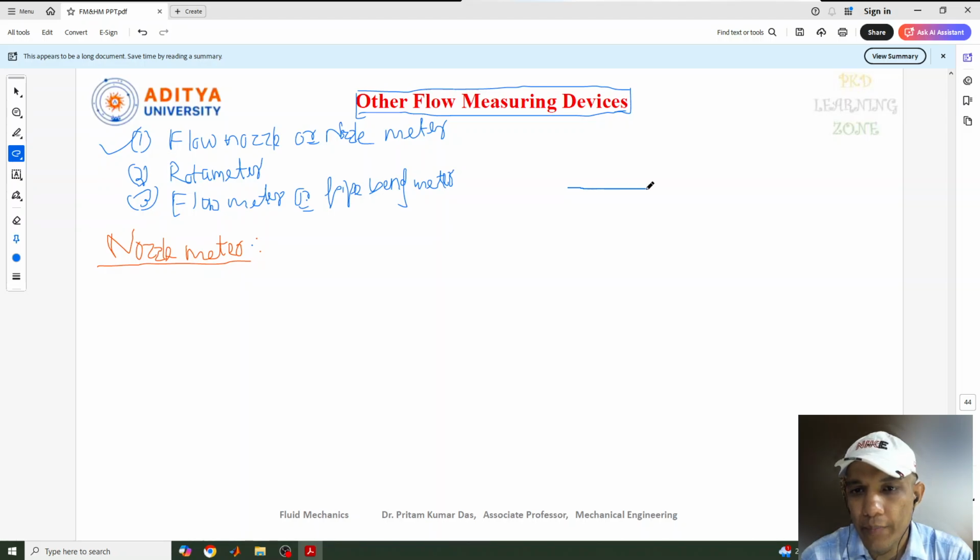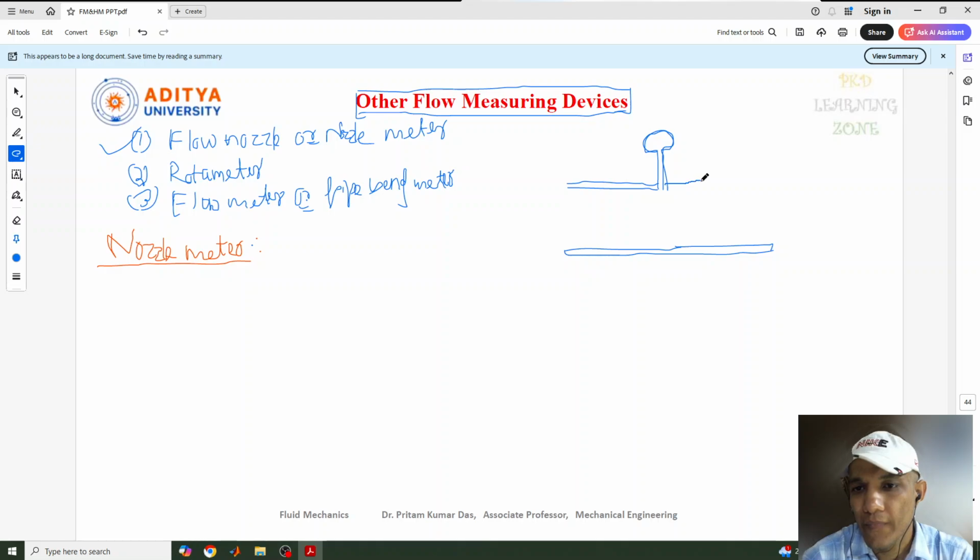Let me draw a diagram for this. Suppose there is a pipeline, and through the pipeline some water flows. In this pipeline let me connect some pressure measuring devices, a pressure gauge, to measure the pressure at this particular point.